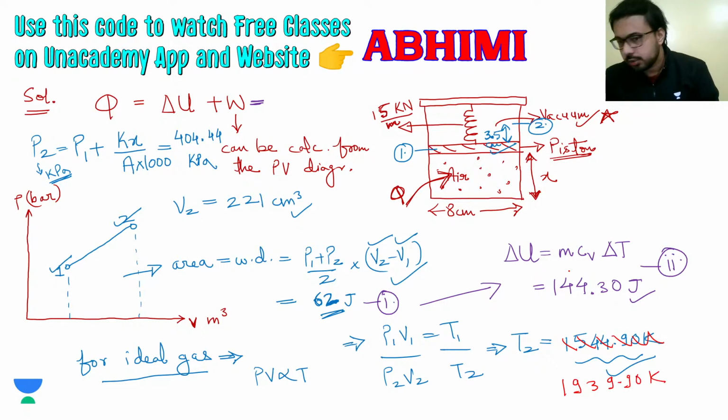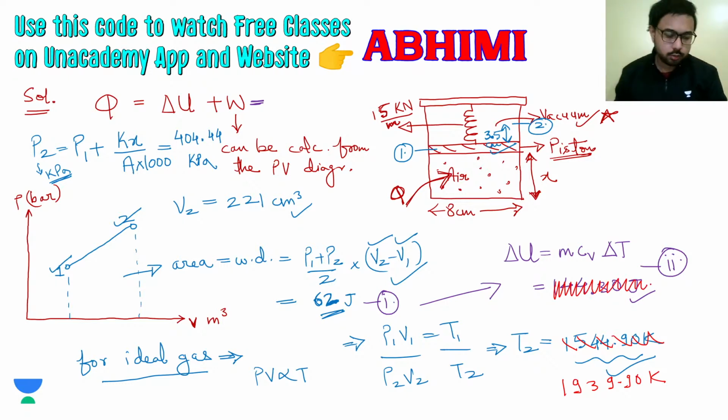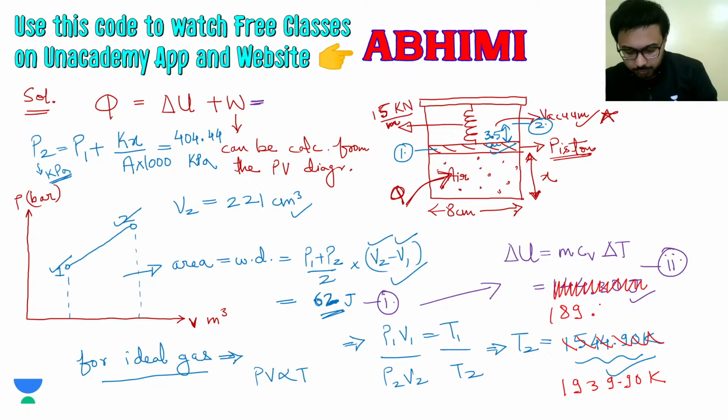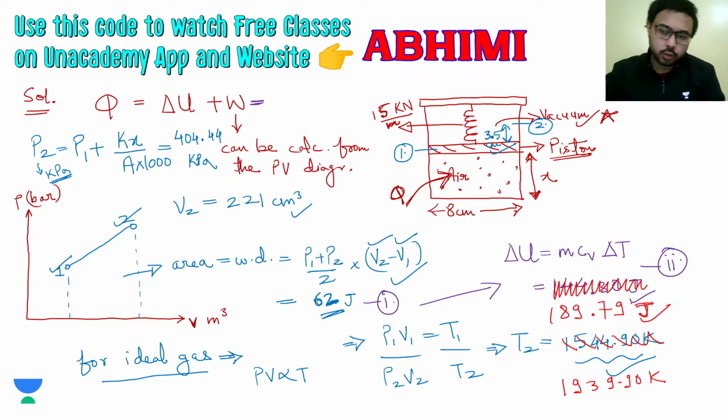So this value will now change to the correct one. So it will be minus 293 into 718 into 1.605 into 10 to the power minus 4. So it is coming out as 189.79 joules.